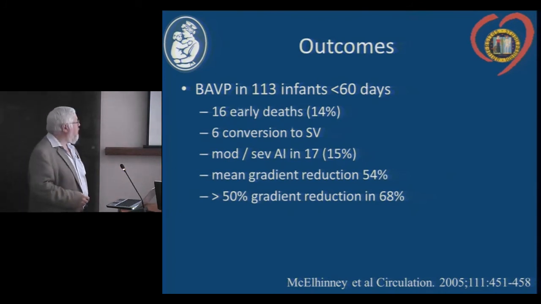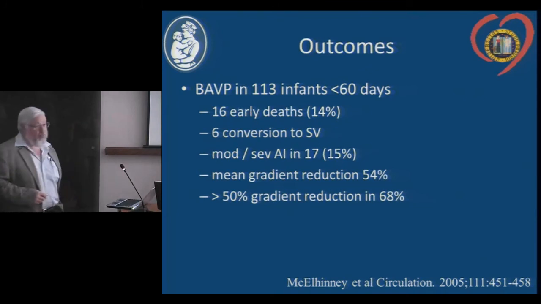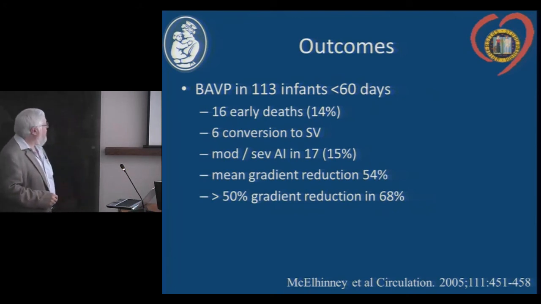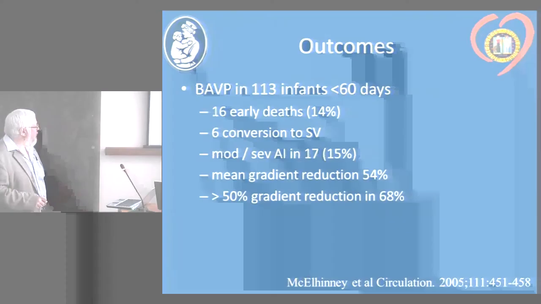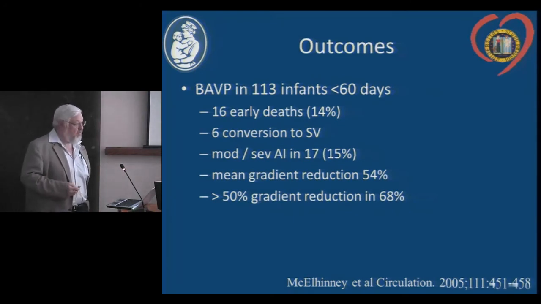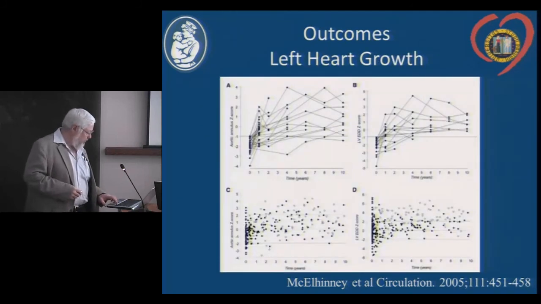Attempts to reduce the gradient much more than that generally result in an unacceptable amount of aortic insufficiency. The 50% gradient reduction occurred in almost 70% of the patients. A 50% gradient reduction at this level is really quite substantial and usually sufficient.